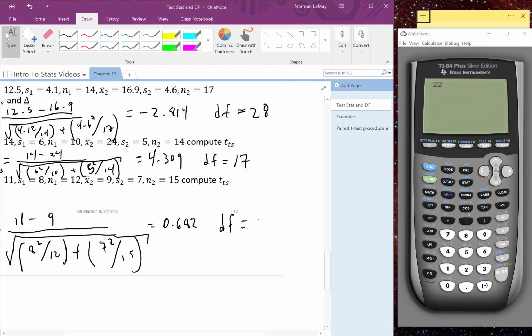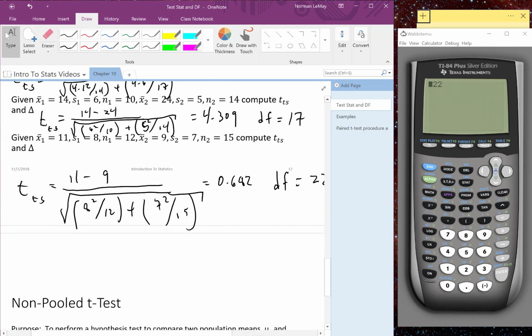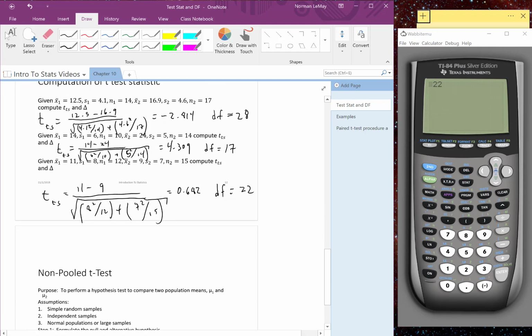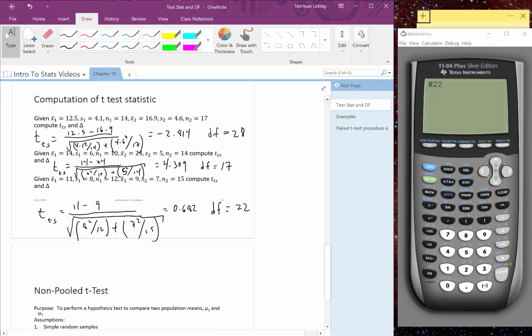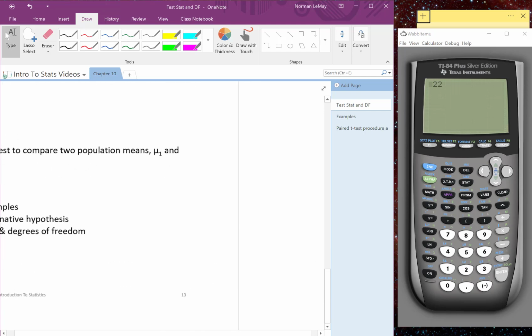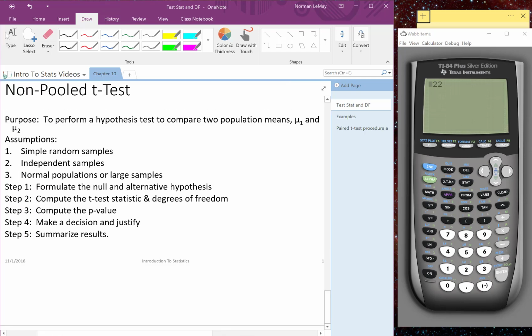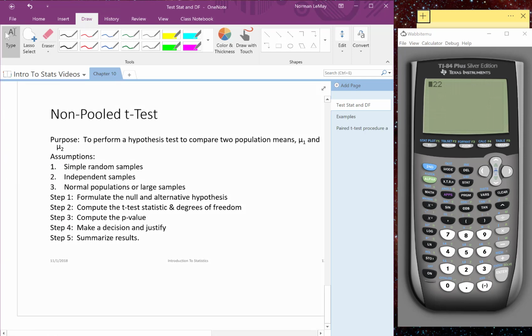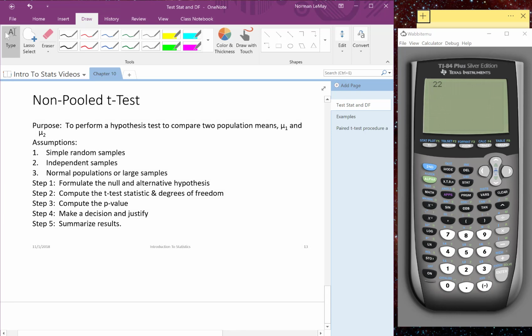So we get 22 degrees of freedom. Okay, feel free to rewind this, and if you need to, you can compute these again.